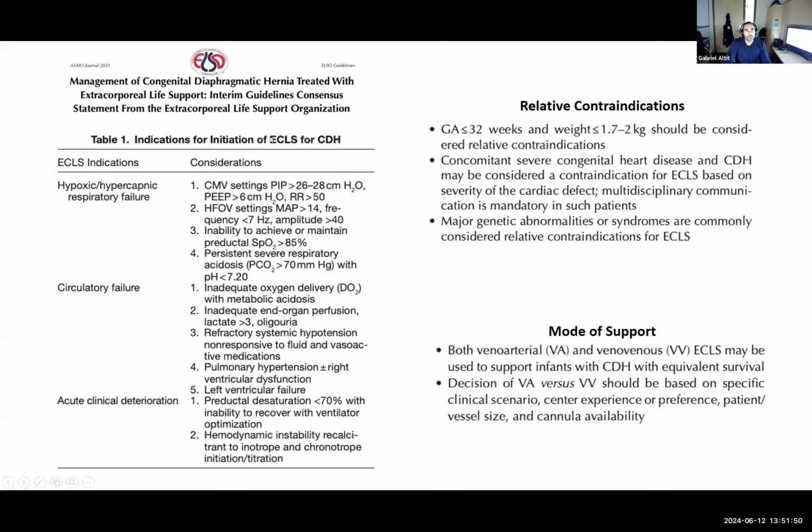And so also in recent years, guidelines came out in 2021 that were updated specifically for CDH and actually provide some indication of where they would recommend to consider ECMO despite the optimization of the respiratory and hemodynamic management.